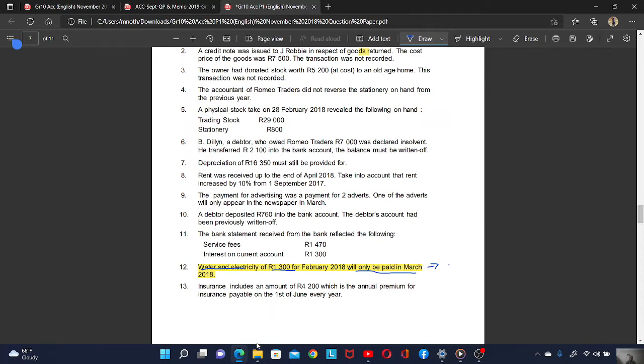Remember I said, how do you identify the accrued expense? You see it by if they're saying it's still due, or is still outstanding, or it is not yet paid. So if they are saying will only be paid in March 2018, it means that it is not yet paid. So this is an accrued expense.